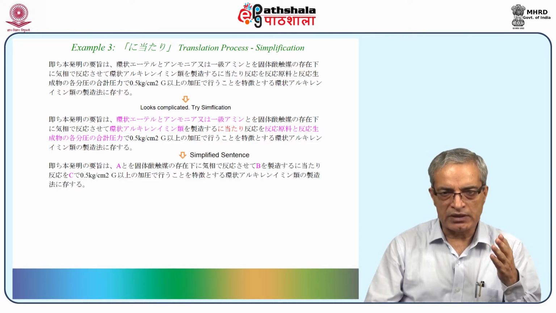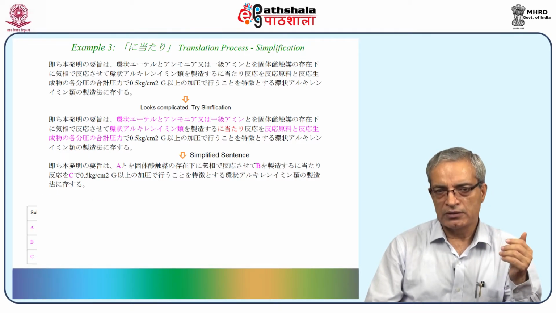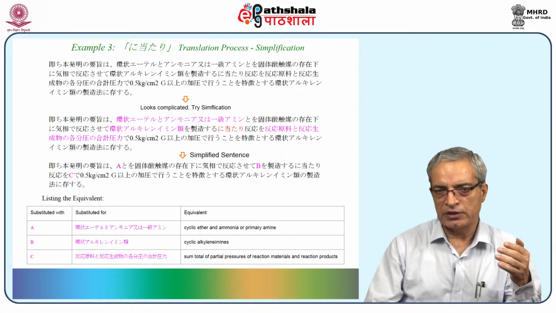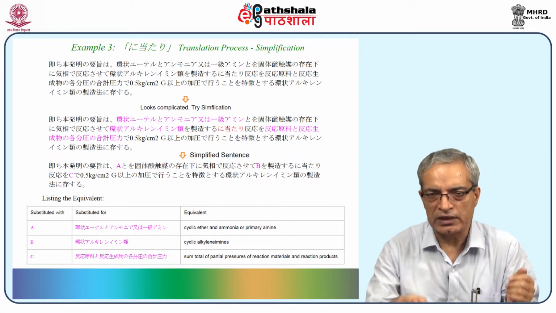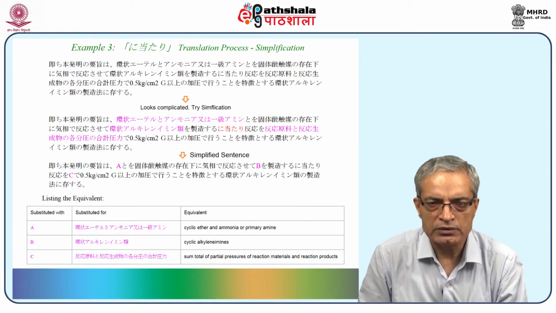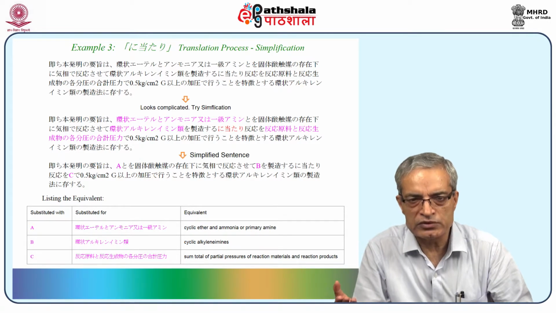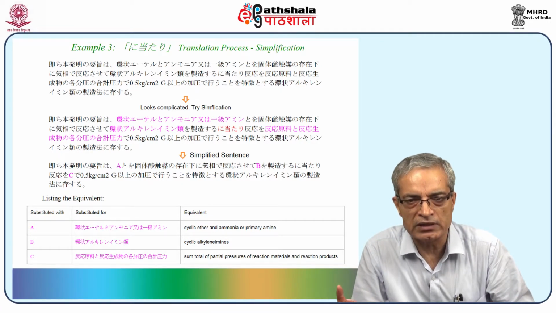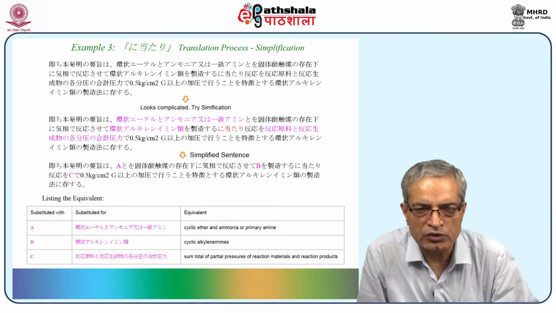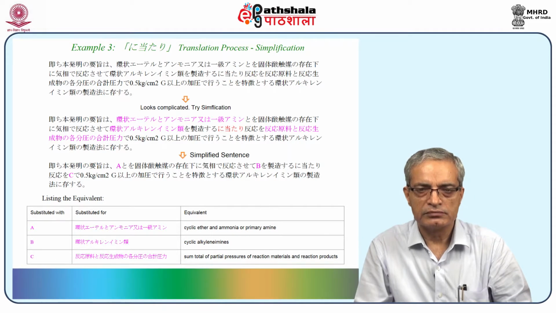And this ABCD we can take it separately. This was done earlier, so I am not repeating it in detail. But A is cyclic ether and ammonia, or primary amine, so it's primarily the nouns. Similarly, the second one is also a cyclic alkylene amine, again a noun. And the third one, can you read the English part? Sum total of partial pressures of reaction materials and reaction products.